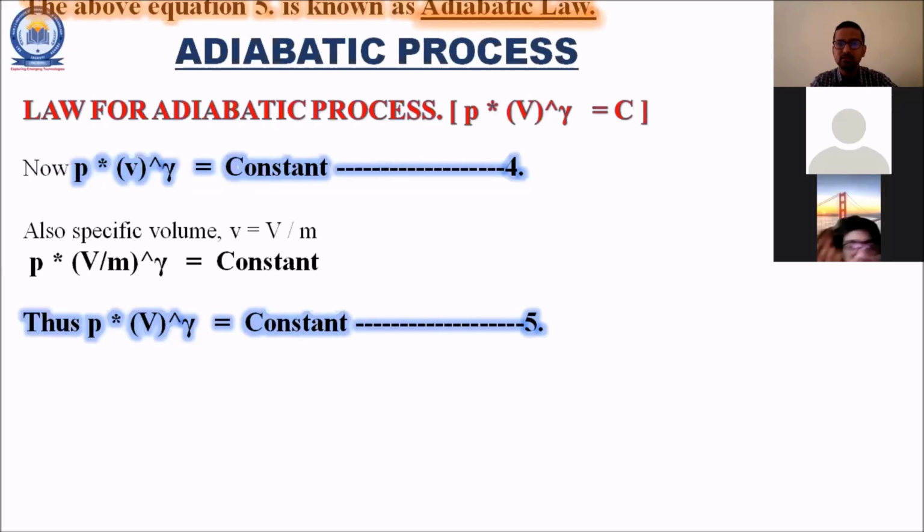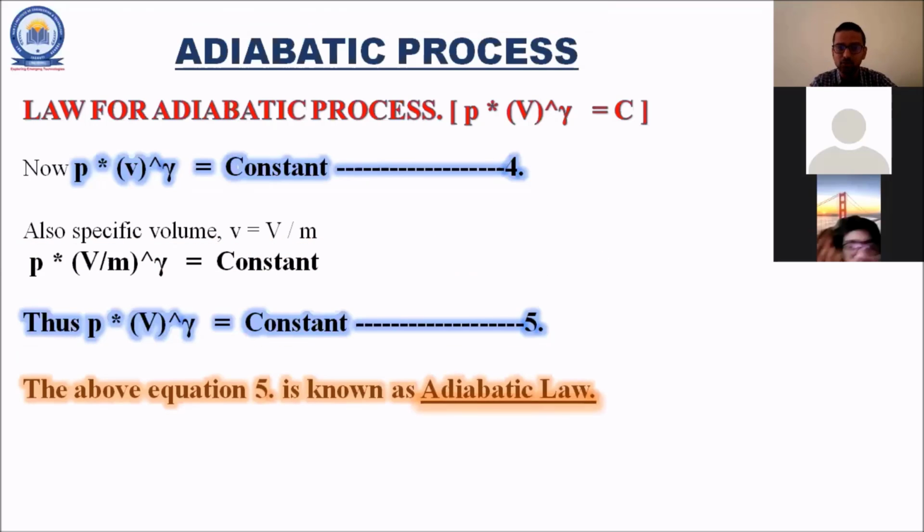And this equation number 5 is known as the adiabatic law. So if you see perfectly, this is equation number 5 and this is the law for the adiabatic process. Now we have reached our final answer for which we have made this derivation.